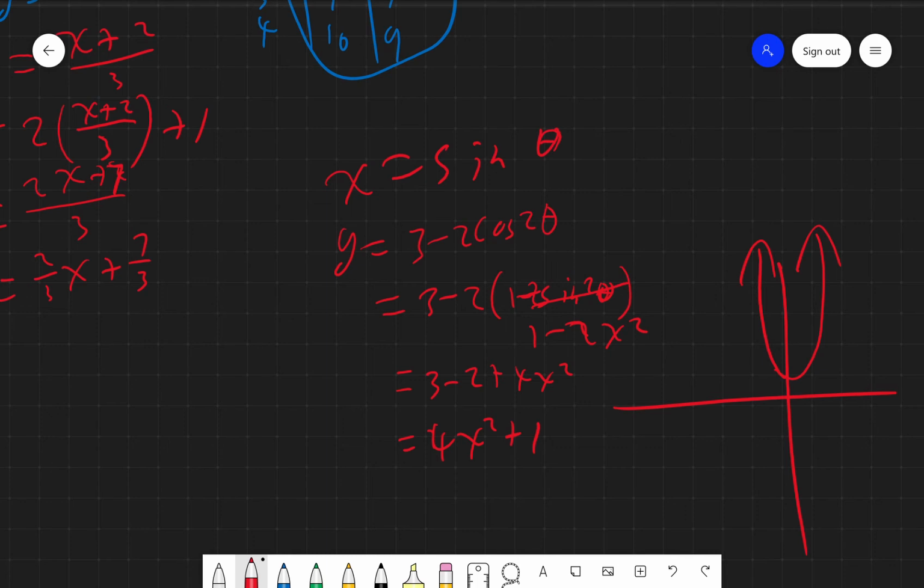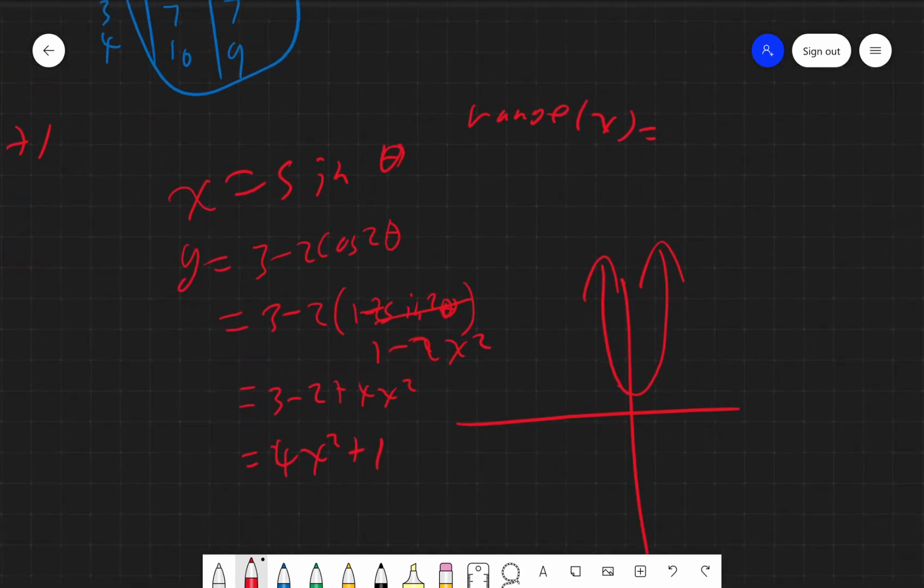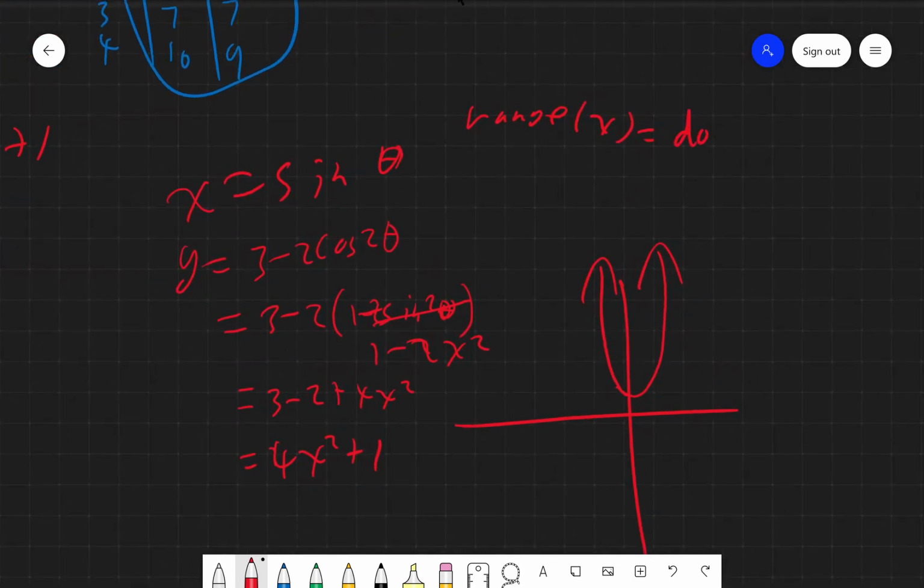The range, sorry. The range of x is equal to the domain of f of x. Now I see why we study algebra 2, huh? The domain of this graph, alright?